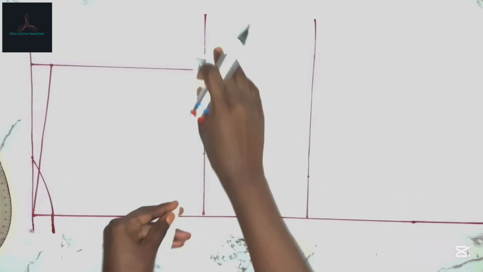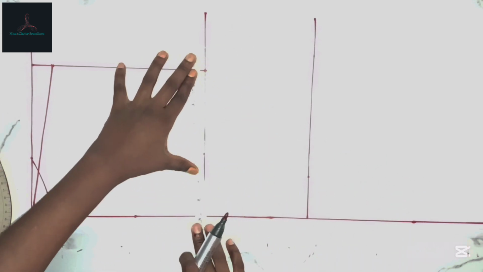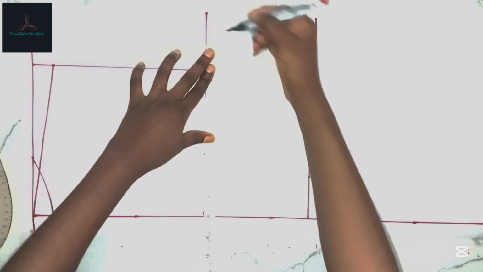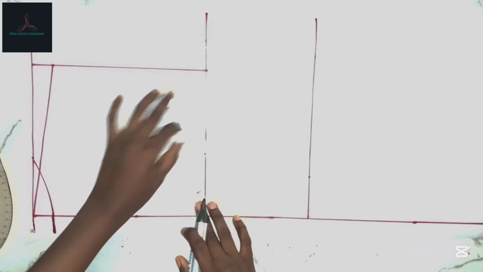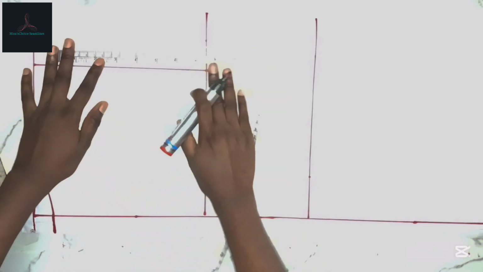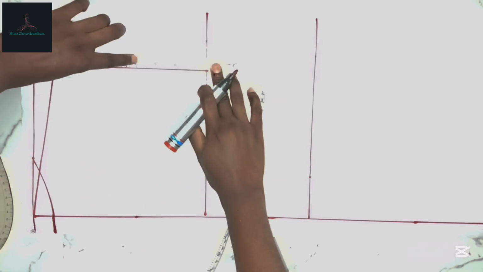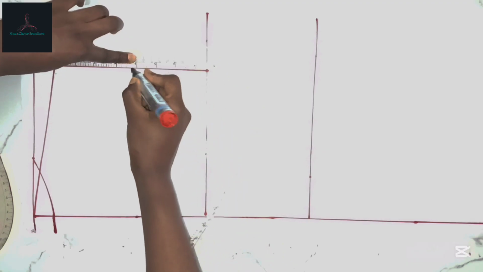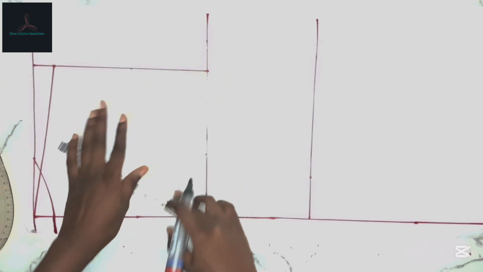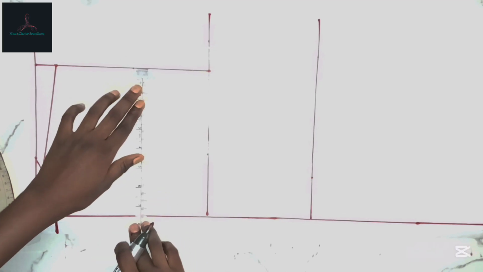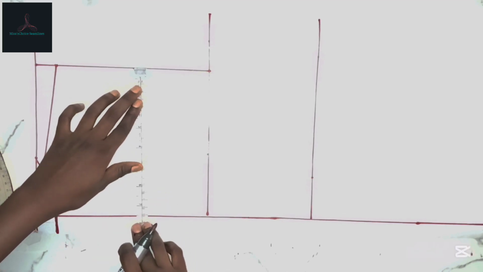I'm taking my bust measurement here of 9 inches. Half of this line, and I'm going to connect it like this. Before connecting it, I am going to go in here by half an inch as well.